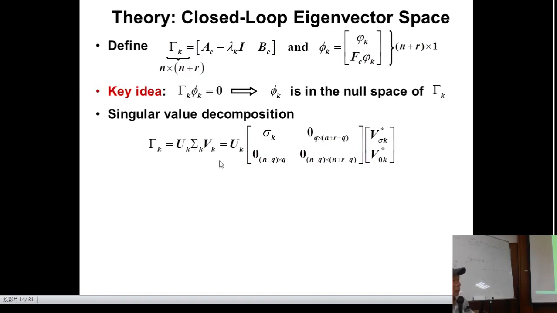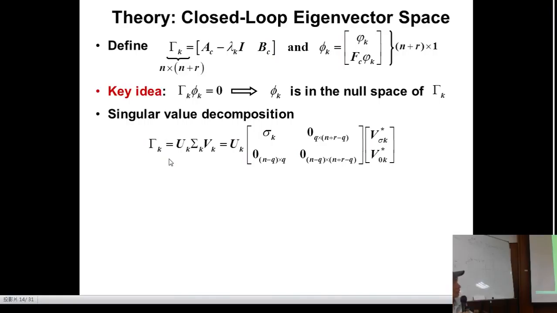Sigma k will be real. So the good property of the singular value decomposition is that no matter whether your matrix is complex or not, your singular value is always real and also positive. It cannot be negative.